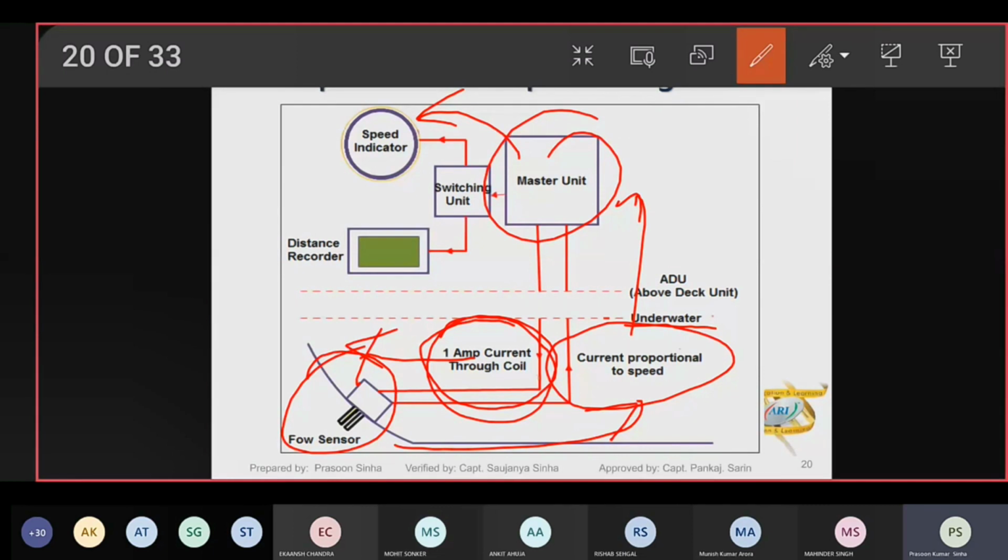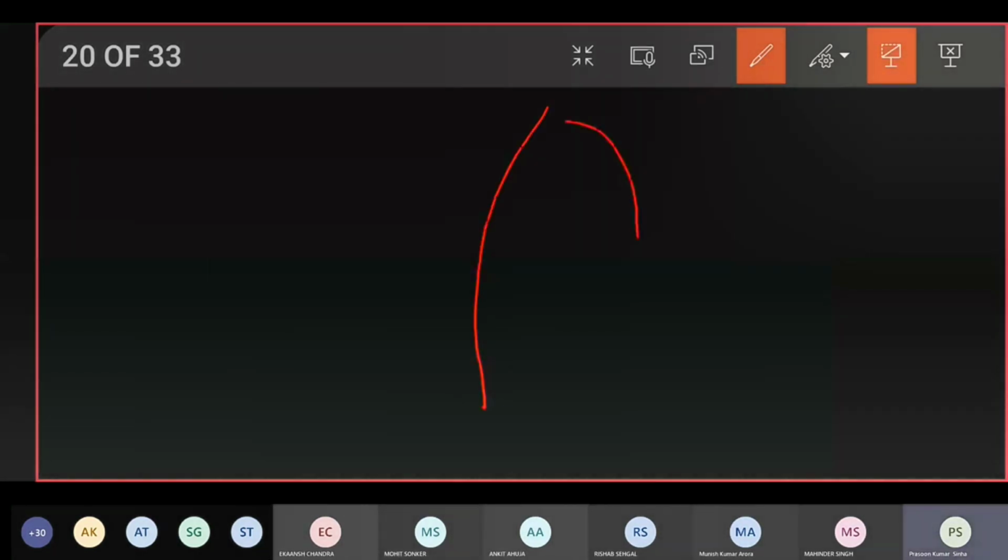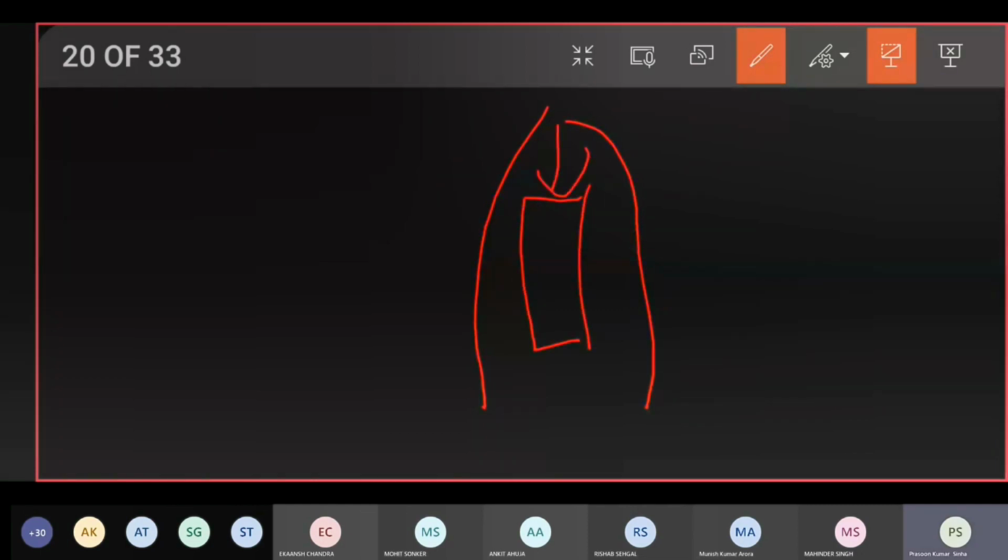Bang on. Next, think some more. The ship is like this. The flow sensor like this. The water passes like this. Yes, sir.